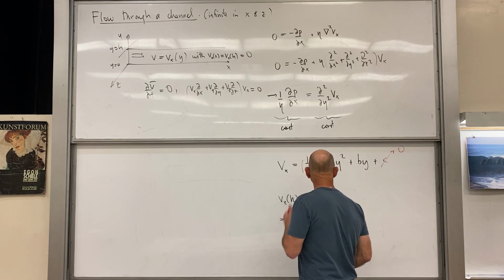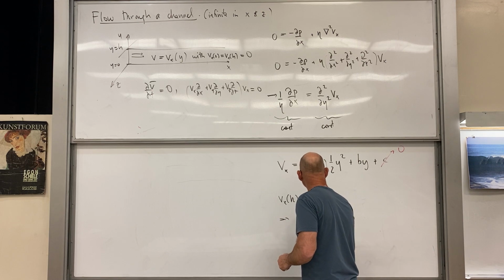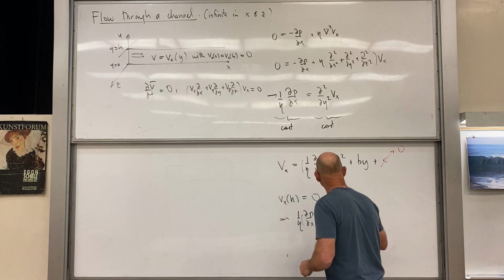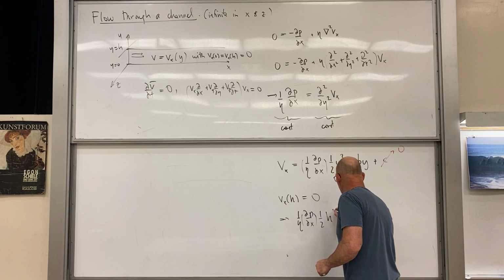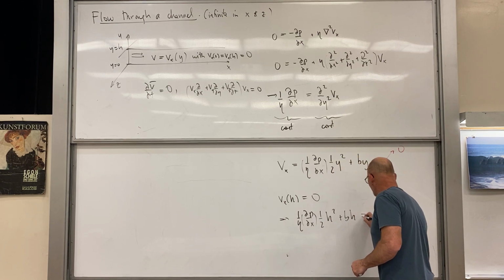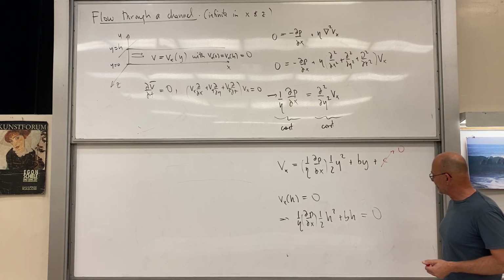And we have 1 over eta dp dx times 1/2 h squared plus b times h is equal to 0, which allows us to solve for b.